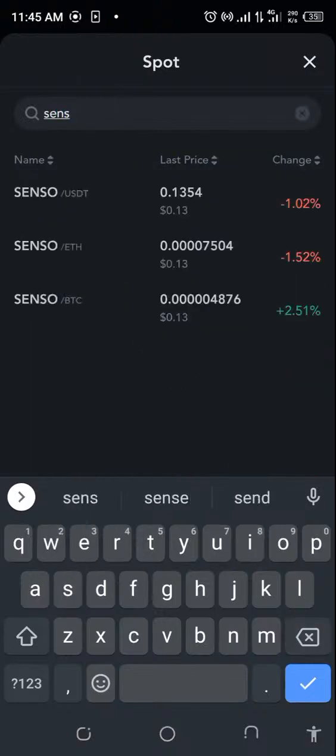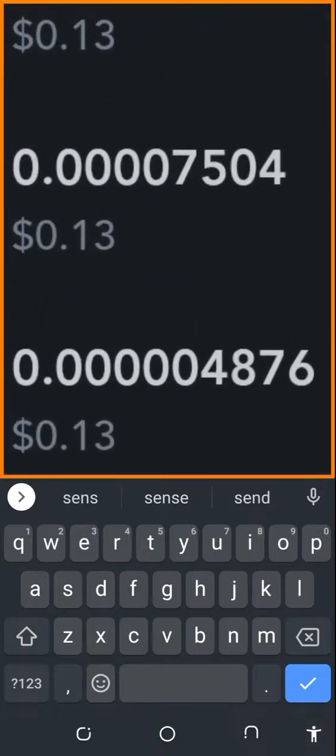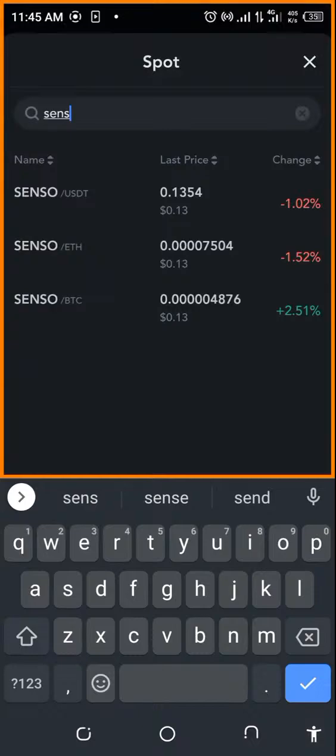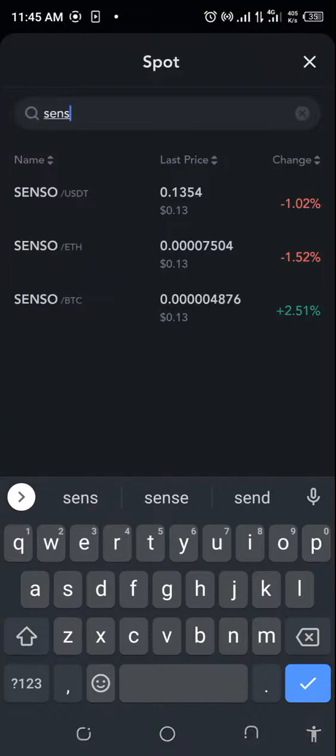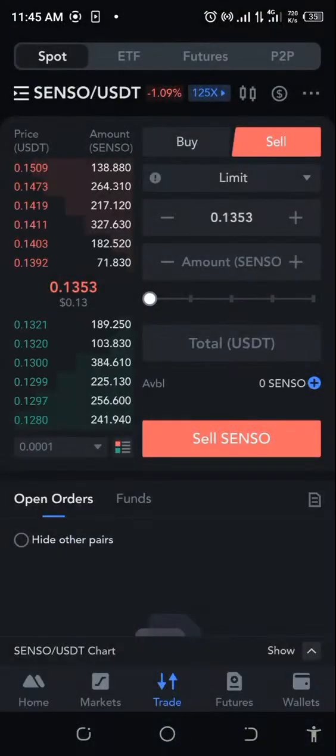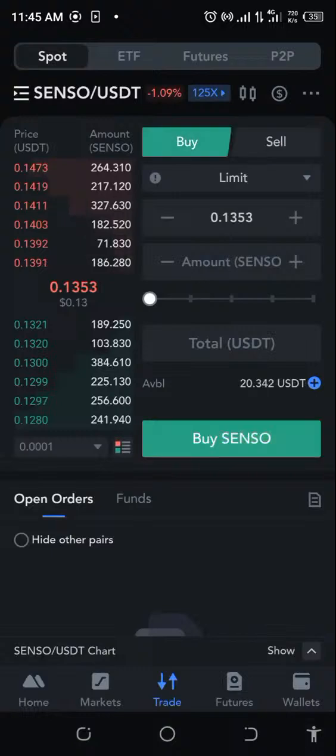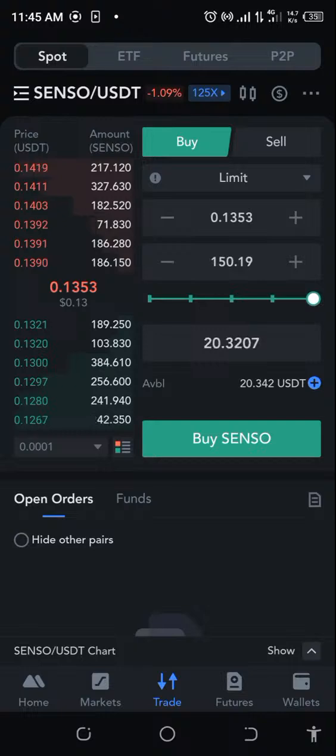Okay, Senso ETH. Well, everything still looks like it's the same price, but let me go back and try this out and then try to sell to ETH. So maybe with that, I could see whether that would be a better option. You can see now it's gone down to 150.19.